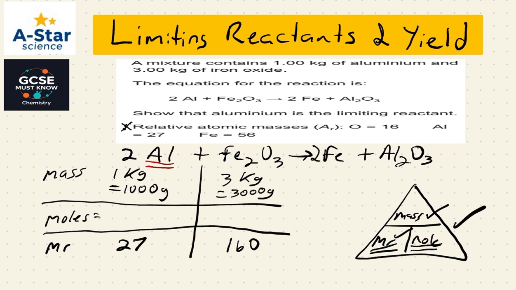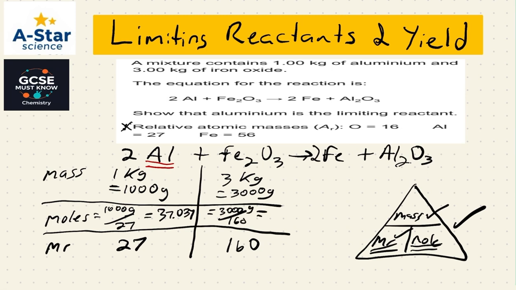So the moles of aluminum is going to be 1,000 divided by 27. Let's see what that is on the calculator, which is 37.037. And then the moles of iron oxide are 3,000 divided by 160.